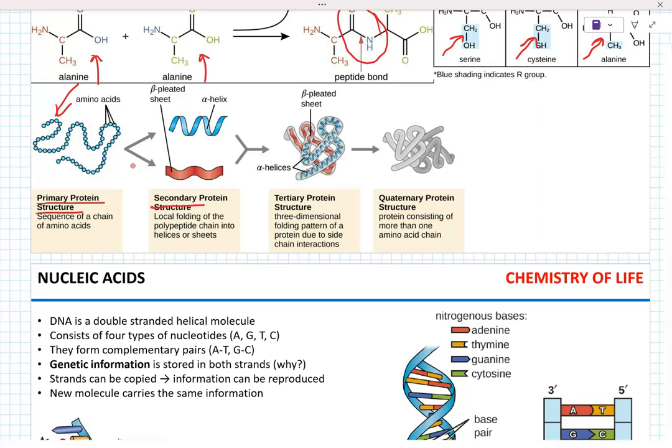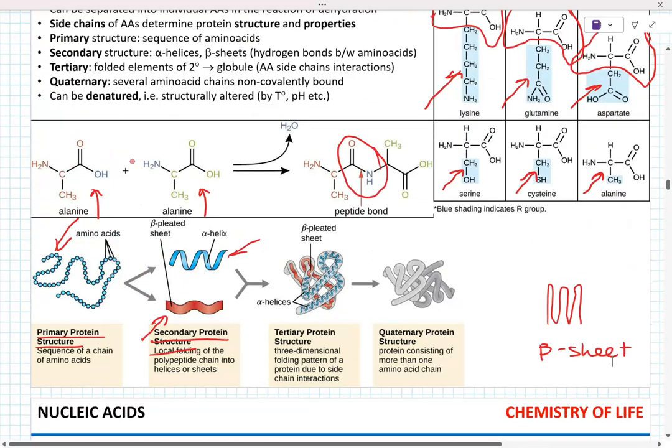And it will fold into a secondary structure, two main elements of which are alpha helices, where the polypeptide is folded as a helix, or beta sheets, where the polypeptide is effectively folded like a sheet, like that. Now, the interactions between the side chains of amino acids will determine the tertiary structure of the protein, the globule.